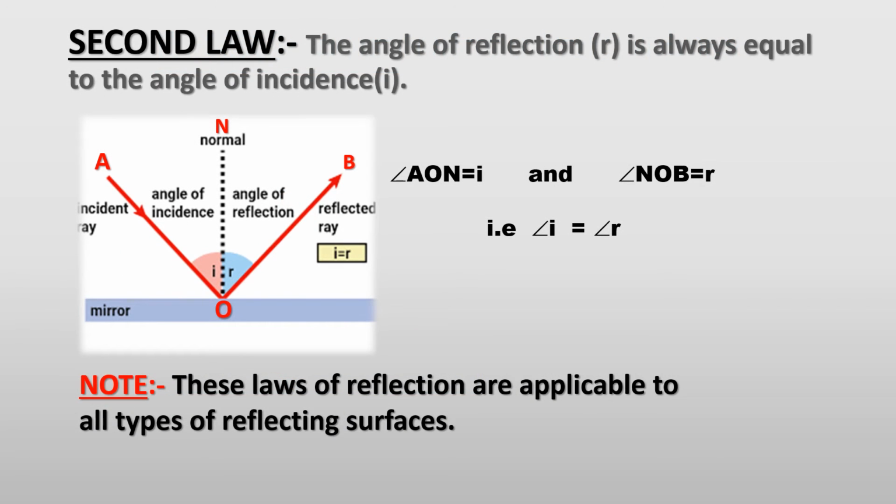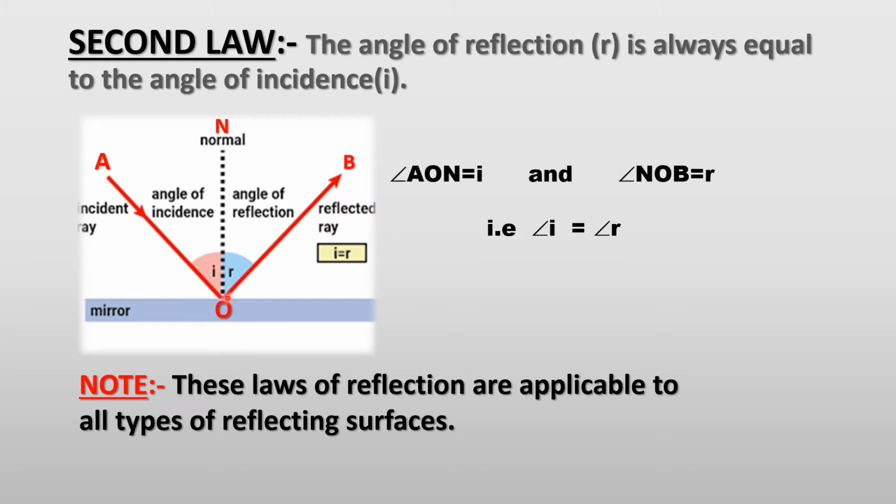According to the second law, angle of reflection R is always equal to the angle of incidence I. Now, angle of incidence is the angle which the incident ray makes with the normal to the mirror, and angle of reflection is the angle which the reflected ray makes with the normal to the mirror.